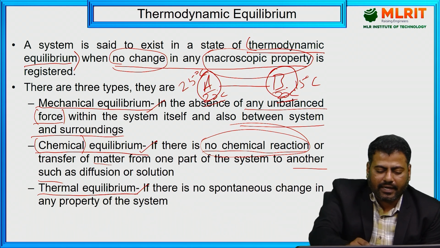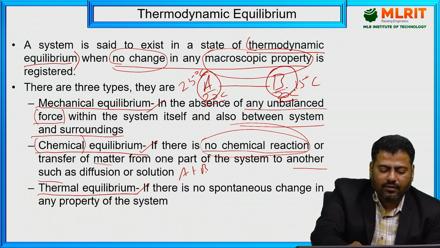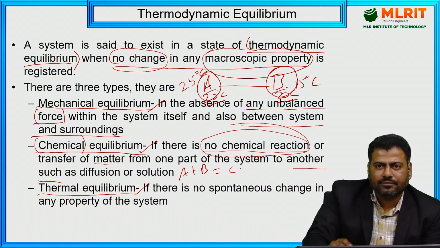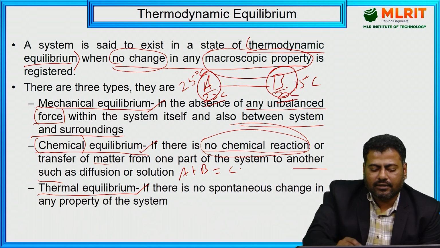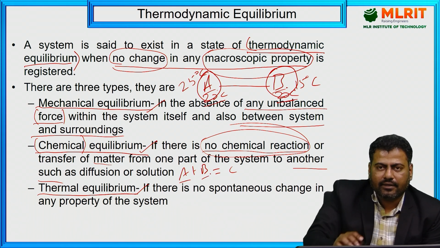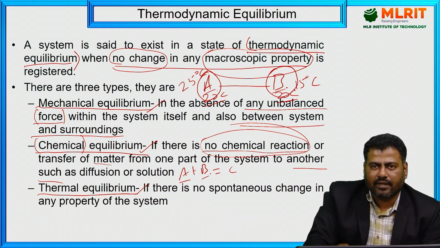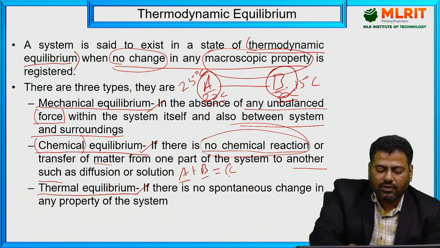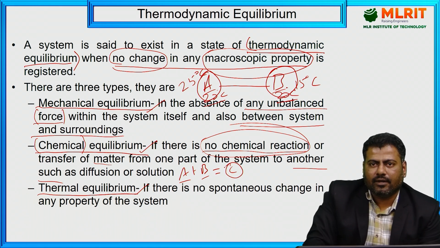So the reactants A plus B give the product C. Until A plus B get reacted, and after that no chemical reaction takes place and it produces the new product C, then we can say the system attains chemical equilibrium. But in our syllabus we only have the physical equilibrium.